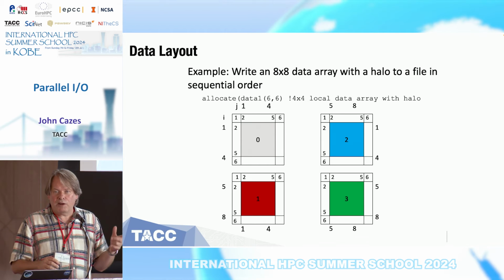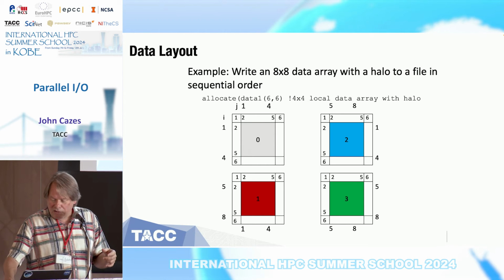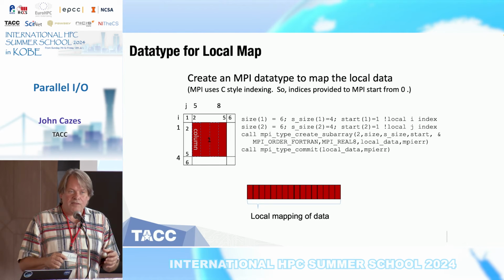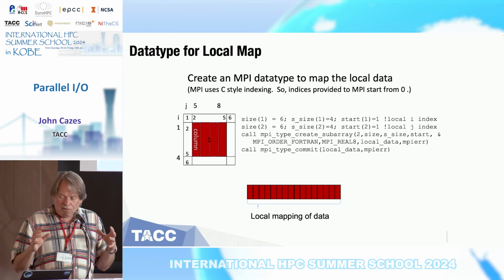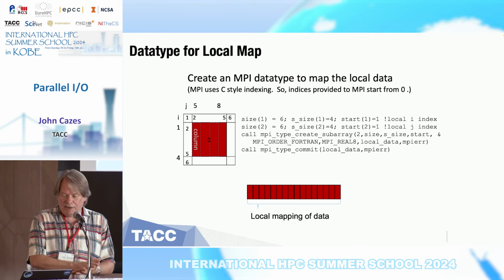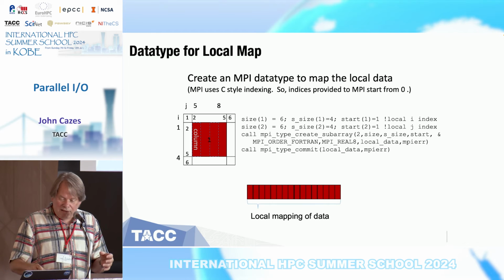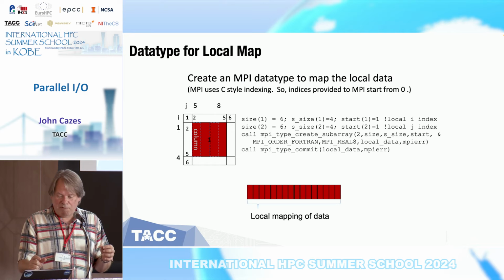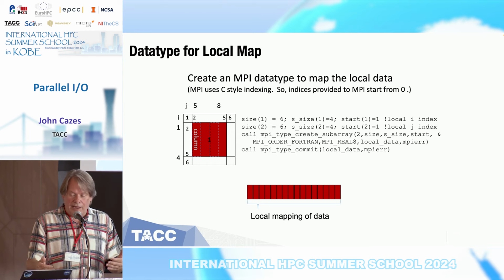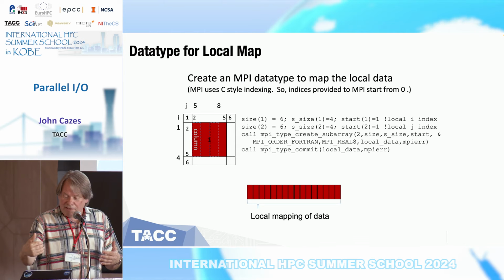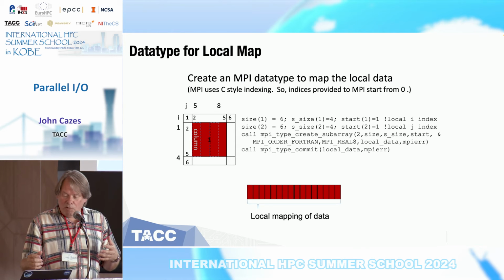And for those of you that were in the MPI training earlier, the way we do this is by setting up data types. So we can use the subarray command to set up a data type that is basically a template for this array. And so we set this up by setting offsets and sizes using the subarray command. We create a type and we commit the type, and now we can use it.